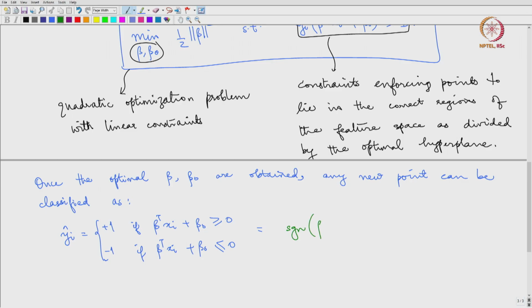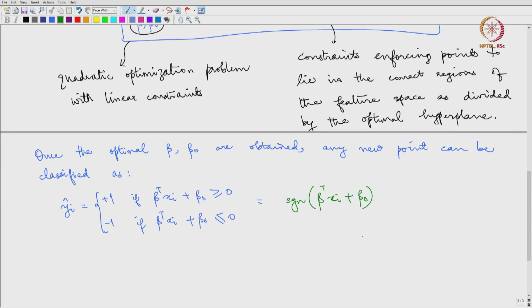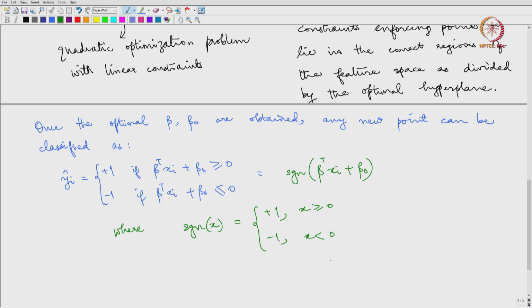So, this is basically the sign of beta transpose xi plus beta naught, right, where SGN of x, the sign function, is plus 1 if x is greater than or equal to 0 and is minus 1 if x is less than 0. So, it tells you the sign of x.